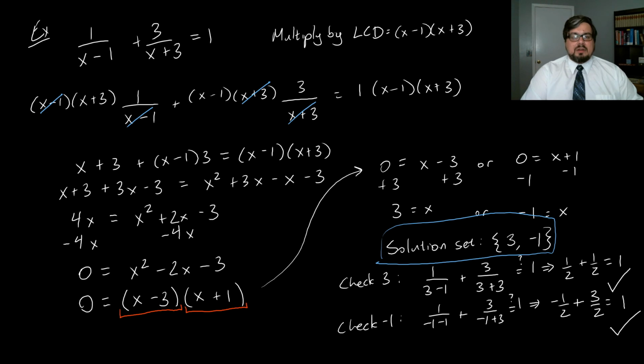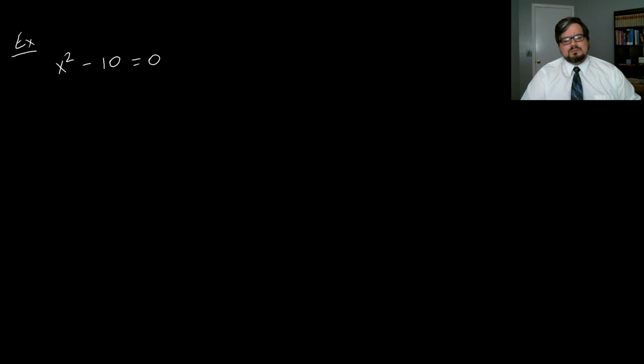Let's look at another equation which is simpler than some of the others we've seen. Let's look at the equation x squared minus 10 equals 0. Now there are a couple of ways for us to approach this problem.